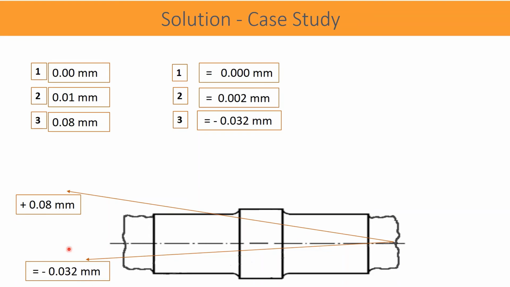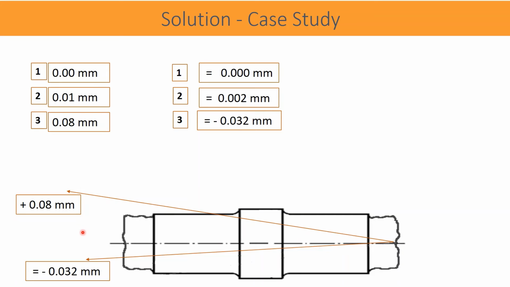The analysis of the data says that if the error at the datum reduces by 8 microns, the concentricity error changes from plus 80 microns to minus 32 microns, and the absolute variation observed is 112 micrometers.